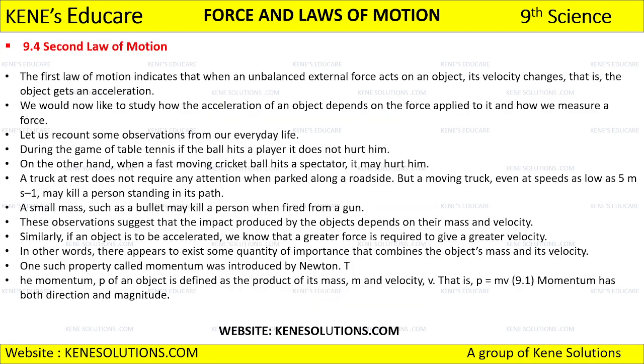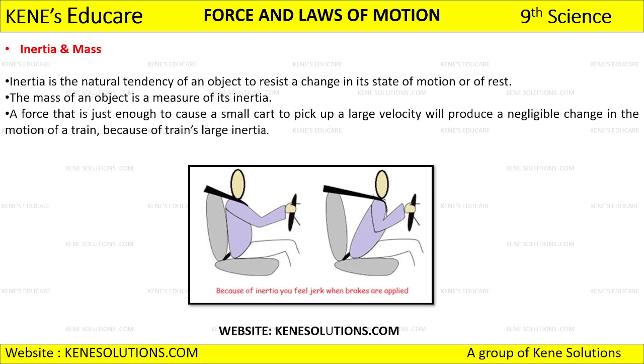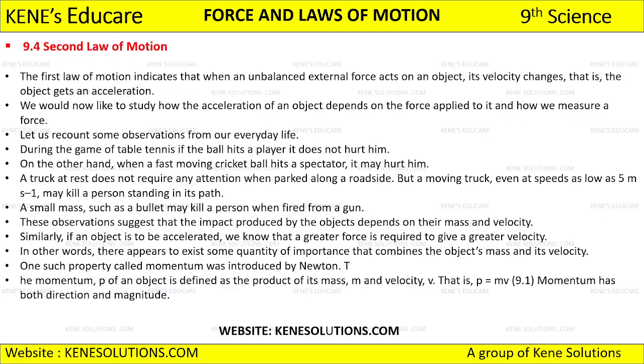Now the next thing that we need to discuss is the second law of motion. I hope every one of you has understood the first law, which is also known as the law of inertia. Now we are going to discuss the second law.